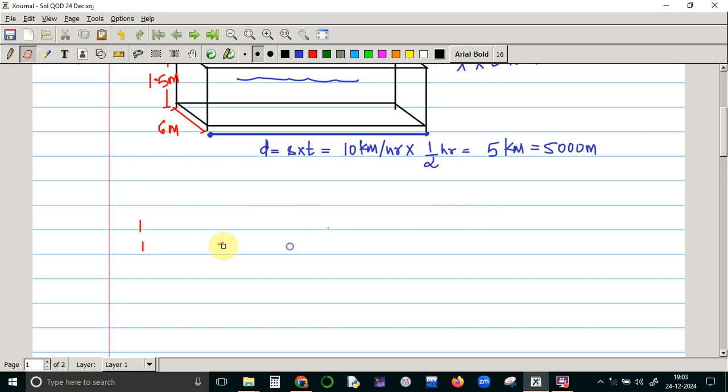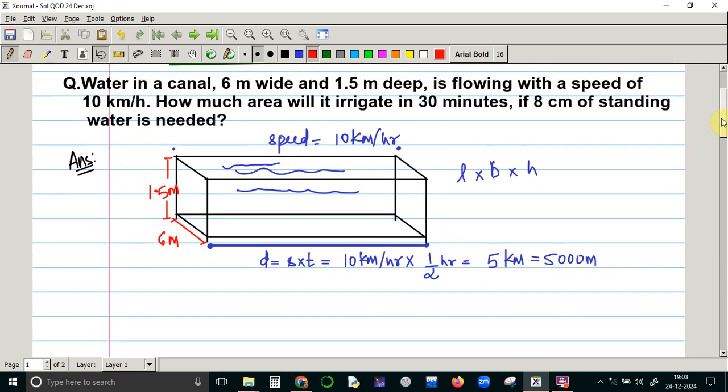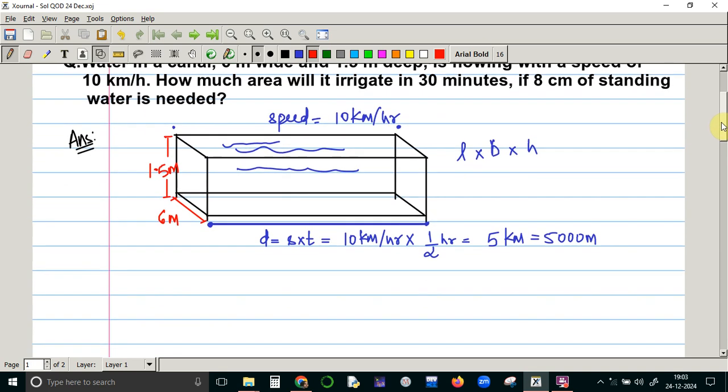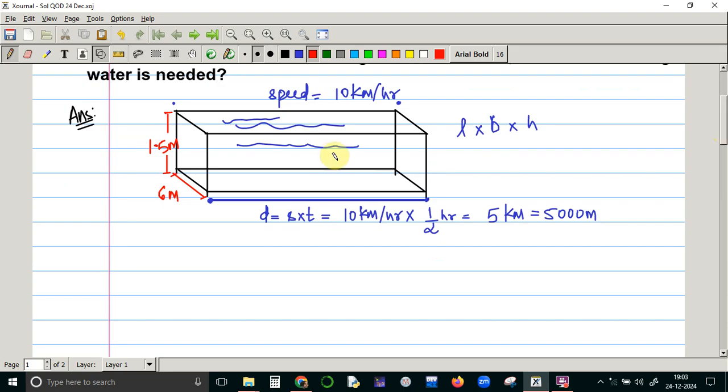Volume will be area into height. Usually the field is in the form of rectangular shape. So whatever water is collected here is released into a field of rectangular shape. Whatever the area of the base, let's not worry about it.